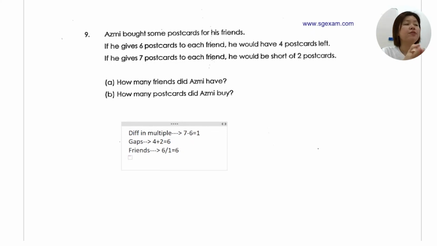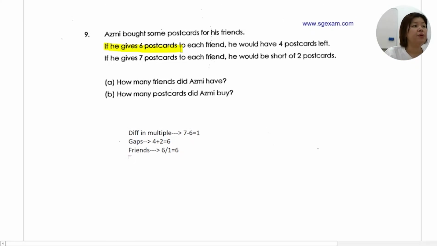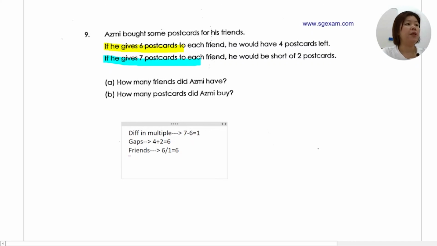Okay, so since we know that he has 6 friends, we can either take the first scenario or the second scenario. Both of it will give you the same answer. Okay, so let's continue here. B part, if I take the first scenario, it will be 6 friends, so 6 times 6 equals to 36. And then I will have 4 postcards left.